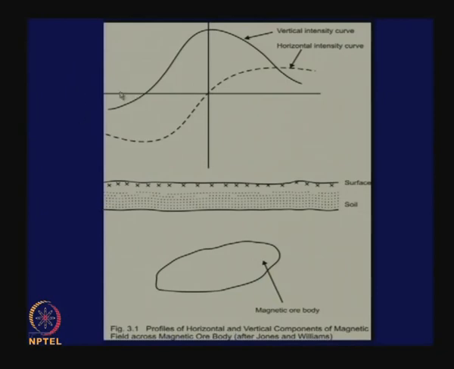Now, on that, if a survey is done and magnetic measurements are made in two directions, this way and that way, from that one can draw a map of something that is hidden below the surface, which is giving anomalies in magnetic measurements.